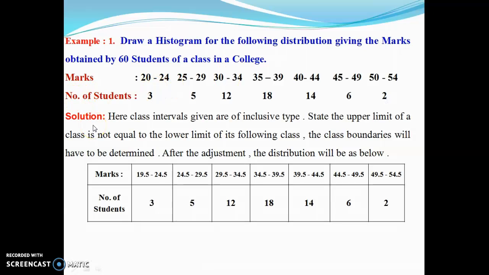Here the class intervals given are of inclusive type.